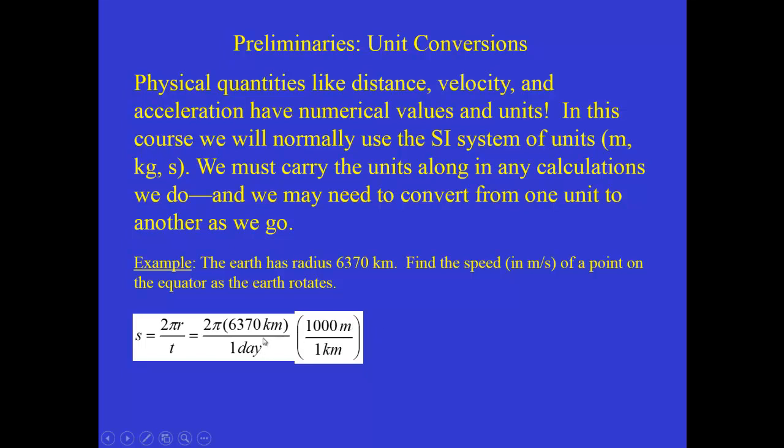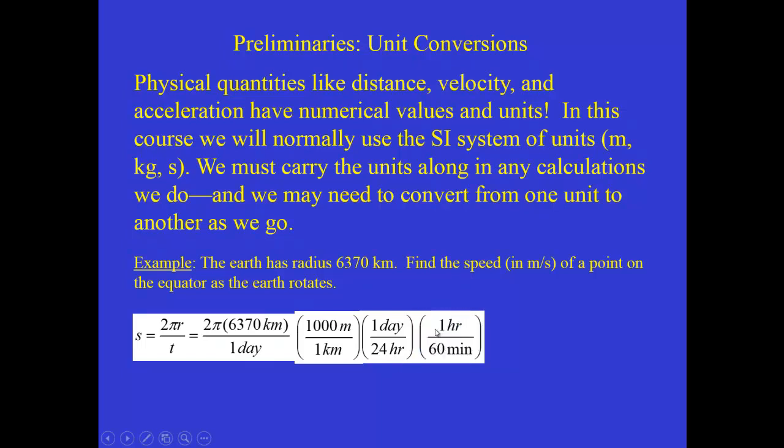So what we have to do now is get rid of day in favor of, eventually, seconds. So I know that there's 24 hours in a day. So the conversion factor I need is 1 day divided by 24 hours. Again, I know that it has this configuration because I want day to cancel out in favor of hours.